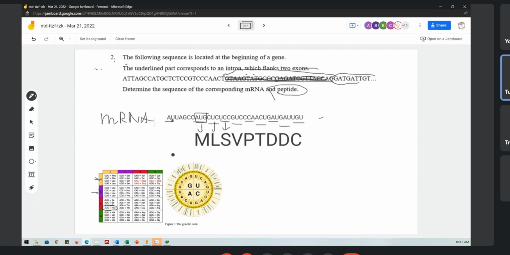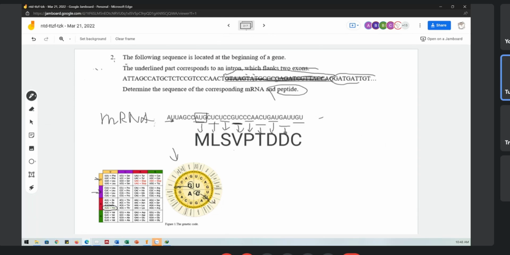Okay, you can also use the table on the right, the circle thing on the right, to see. For example, I want GUC here. So I go from G to U and to C here, and I have valine here. And similarly, CCA, C, C, and A, proline, and so on.